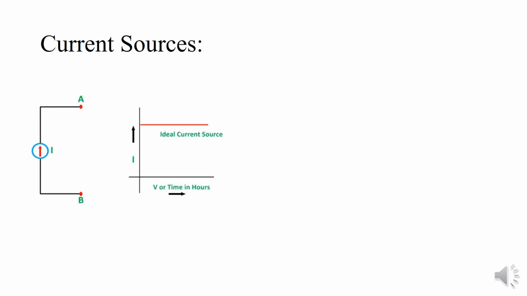The characteristic of this current source with respect to voltage is given here, where the magnitude of current is constant. Why is it so? Because the internal resistance is zero in this case.